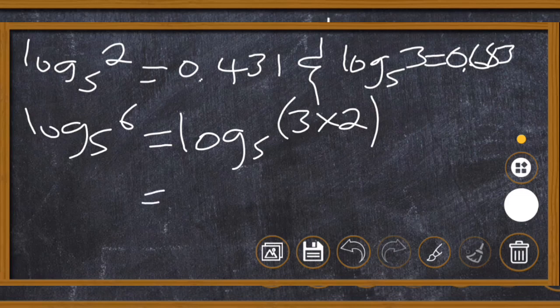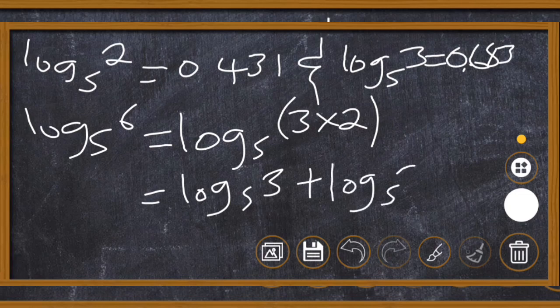So in this case, we are going to have log base 5, and when you are multiplying, according to the rules, it means that we are adding. So it's log base 5 of 3 plus log base 5 of 2. Okay, in this case then, let's replace with the values. Log base 5 of 3, you have been given as what?